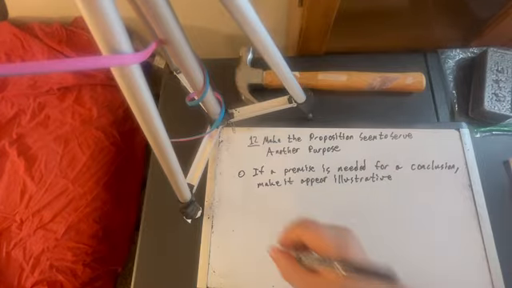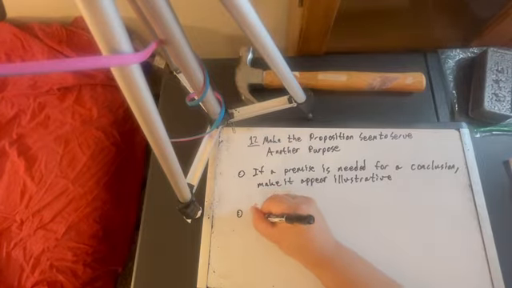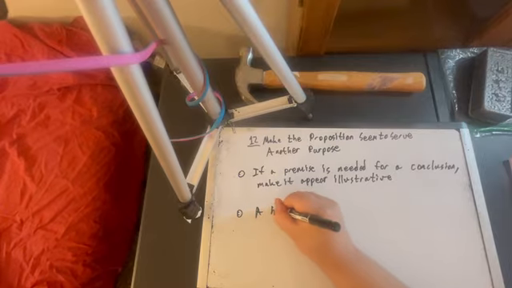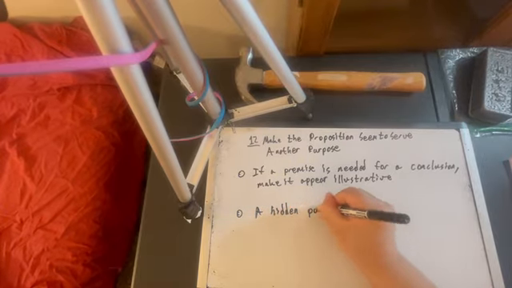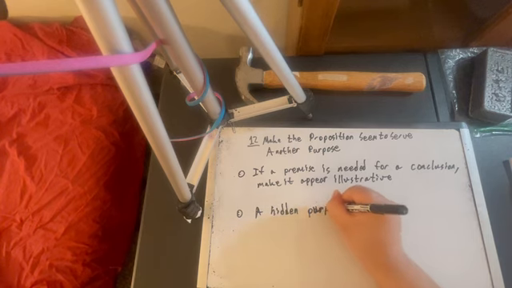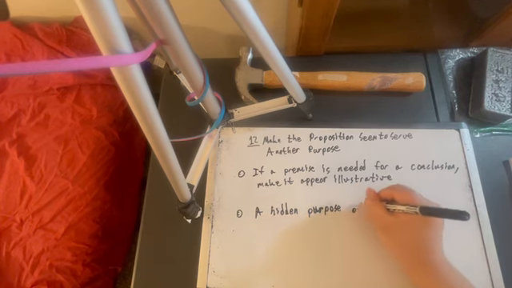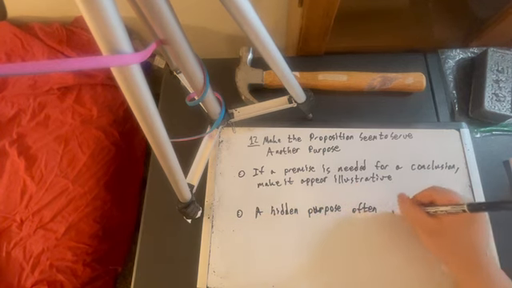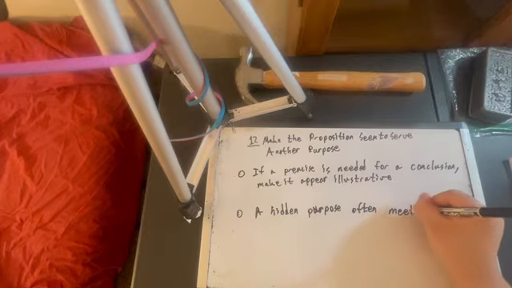But yes, if a premise is needed for a conclusion, make it appear illustrative. A premise is more easily granted when it doesn't look decisive, right? So a hidden purpose often meets less resistance.